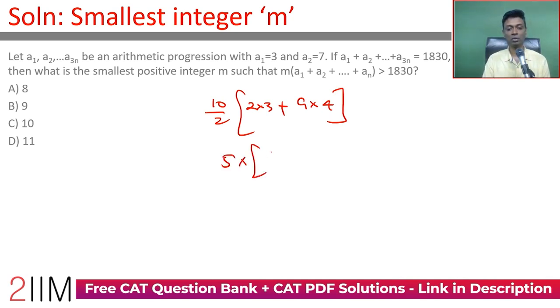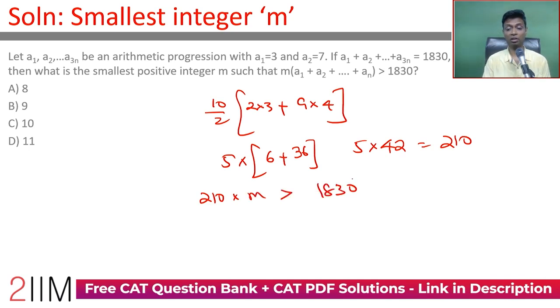So this is 5 into 6 plus 36. 5 into 42, which is 210. 210 into m should be greater than 1830. 21 into m should be greater than 183. 21 into 9 is 189. 9 works. So I'm just doing it methodically, finding 3n, then finding n, then substituting and finding m. 21 into m is greater than 189. So m equal to 9 works.